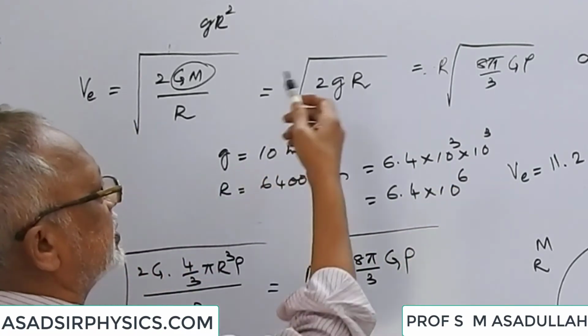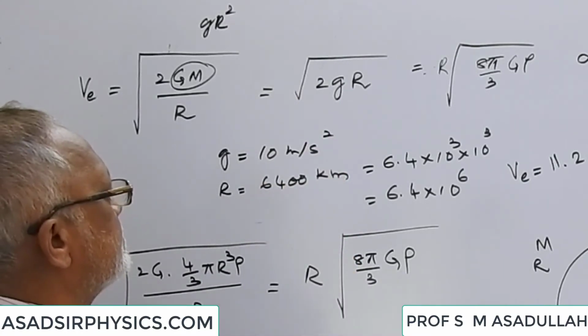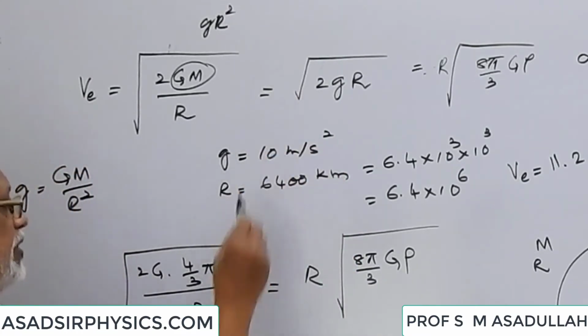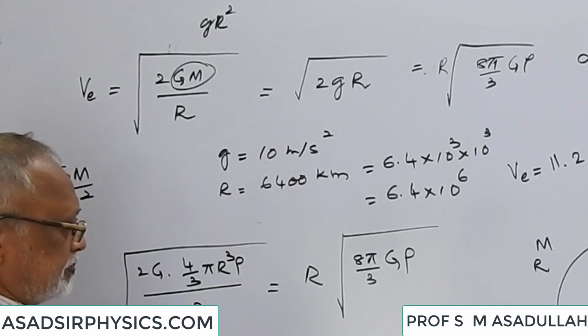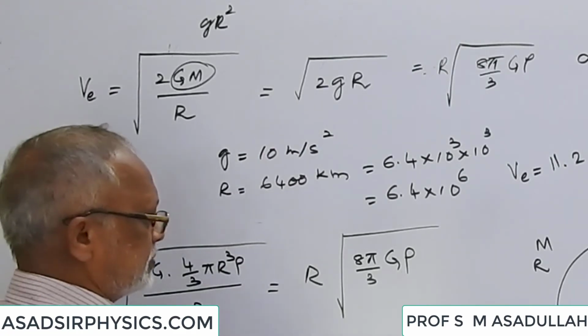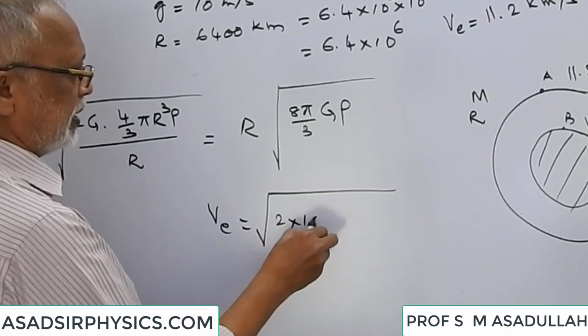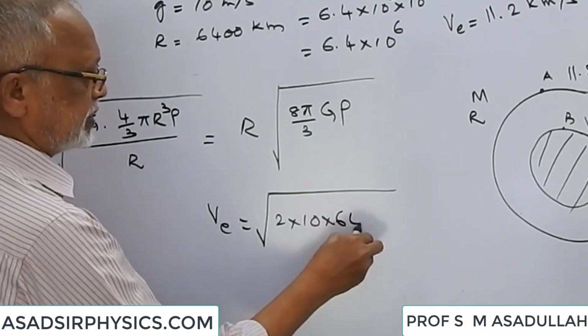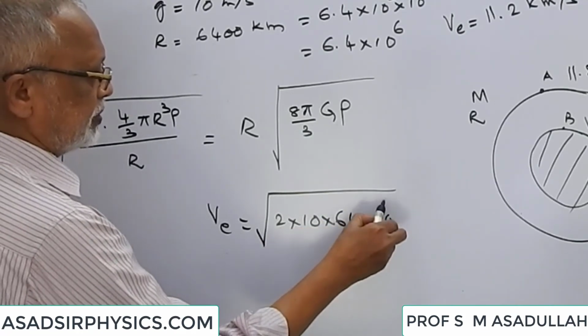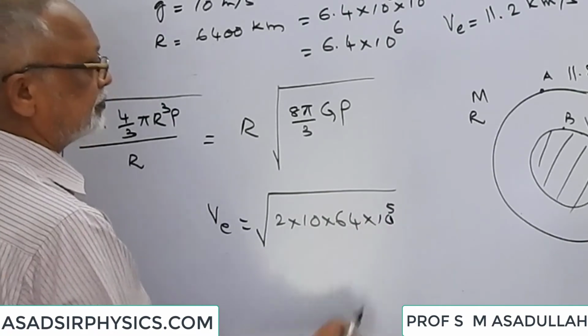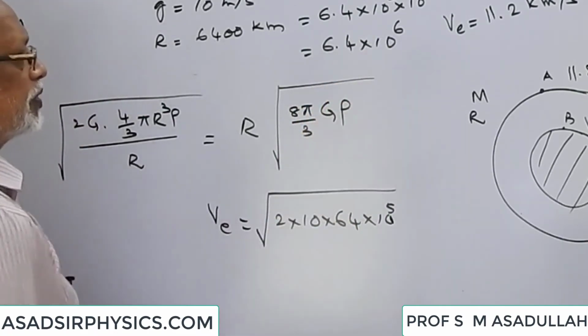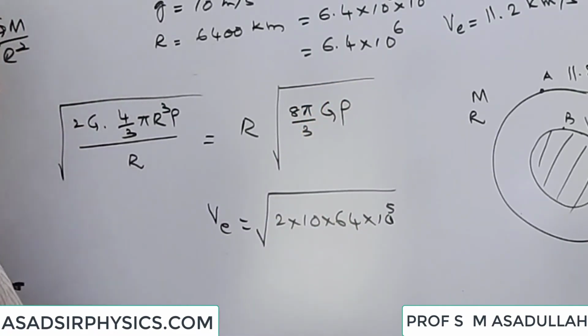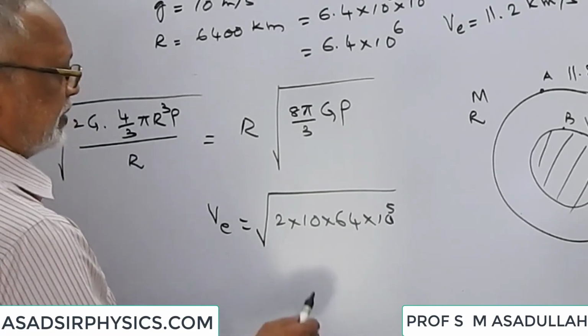Now let us substitute it here. So v_e is equal to √(2 × 10 × 64 × 10⁵). 6.4 × 10⁶ can also be written as 64 × 10⁵.